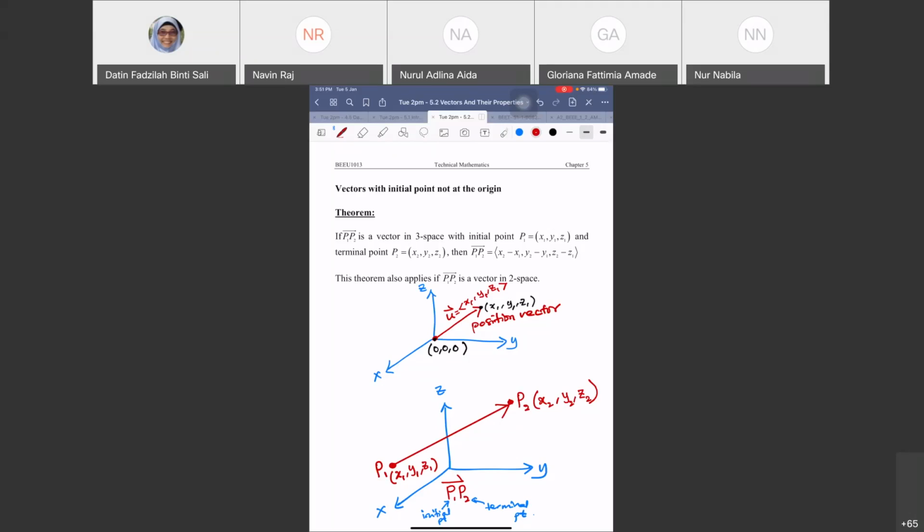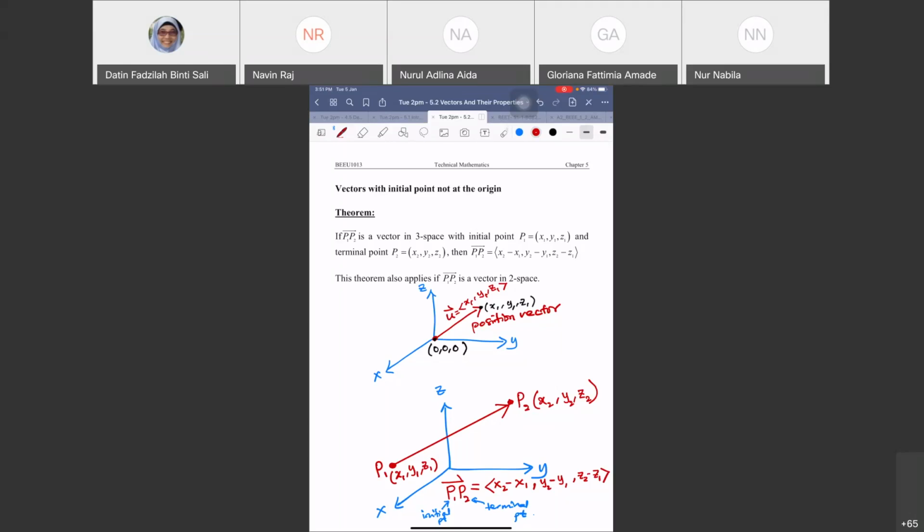So then you have this P1P2, and from the theorem, in terms of component vector, what you need to do is terminal minus initial for x, terminal minus initial for y, terminal minus initial for z. That's how you write the vector component for P1P2.